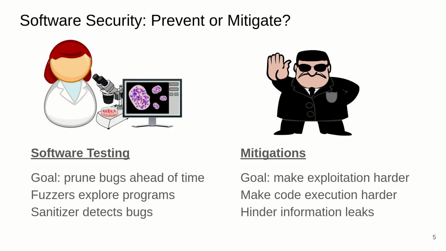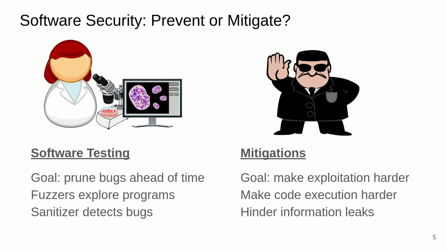In the class in the past, we've looked at the issue of differentiating between preventing or mitigating. Software testing, the current focus of the class, is aiming at prevention. The goal is to prune bugs ahead of time, where fuzzers explore the programs and sanitizers detect the bugs and serve as an oracle.